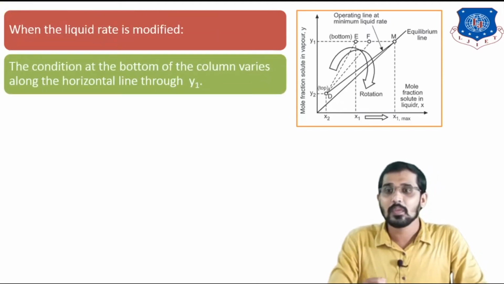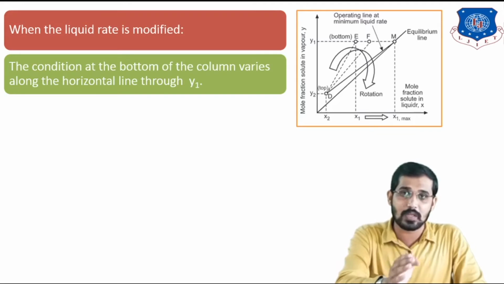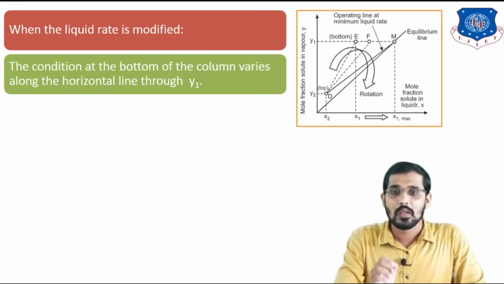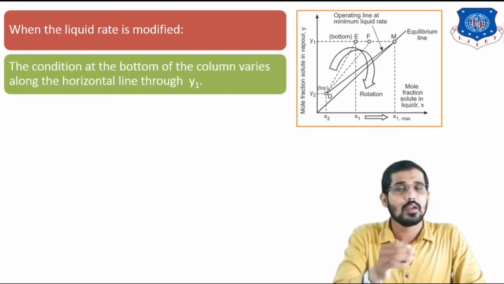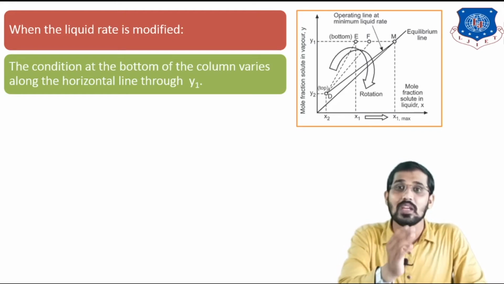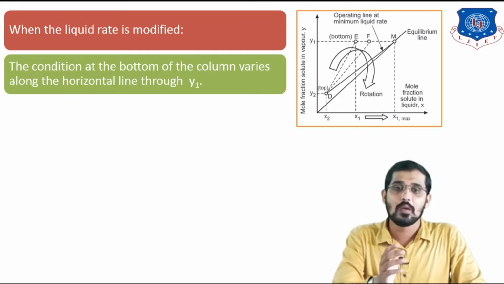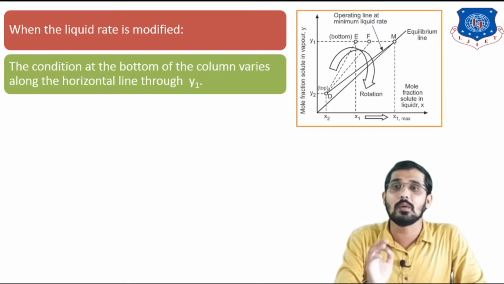You can see in this figure, at the bottom of the column, the composition at the initial E point is Y1, the mole fraction of the gaseous stream, and the corresponding X1. Similarly, for F, Y1 is the same, but the corresponding X value is changing. Similarly, for the M point, Y1 is the same, but X1 is maximum. And at this point, L minimum is present.